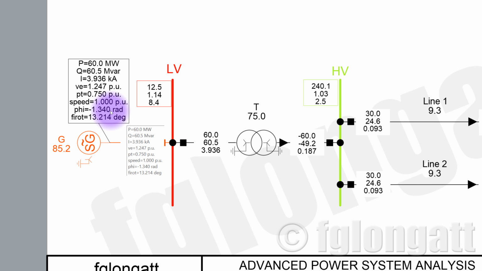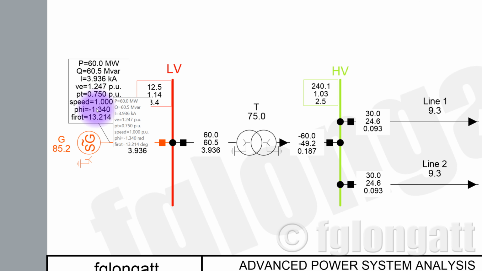Because if you remember my video about initial conditions, for the internal voltage of the synchronous machine, we are using the most basic model for the synchronous machine. In this case, the internal voltage is 1.247 per unit, and that is totally right.